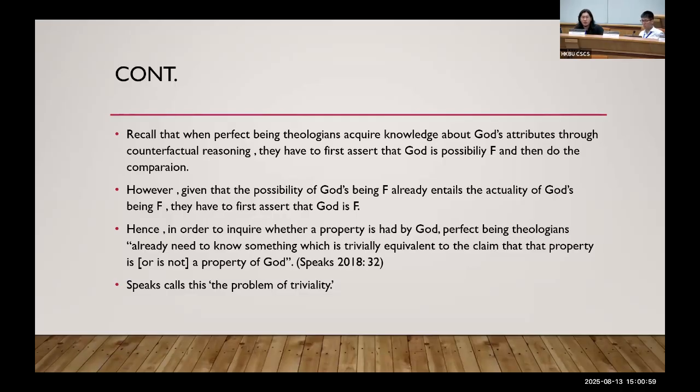However, given that the possibility of God's being F already entails the actuality of God's being F, they have to first assert that God is F. So in order to inquire whether a property is held by God, perfect being theologians already need to know something which is trivially equivalent to the claim that the property is or is not a property of God. This problem is what Speaks called the problem of triviality.